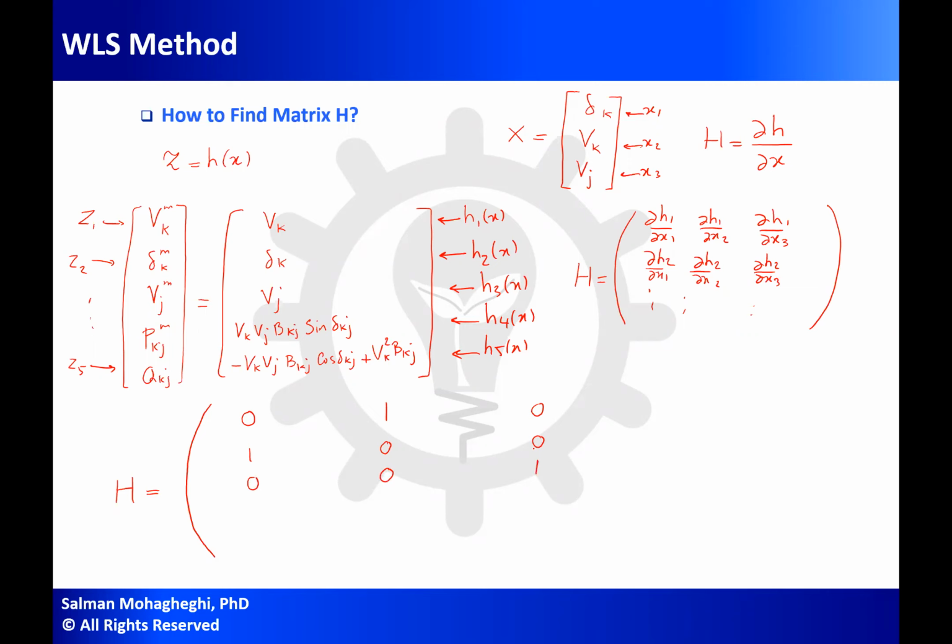And the derivative with respect to Vj is going to be Vk Bkj sine of delta K minus delta J.